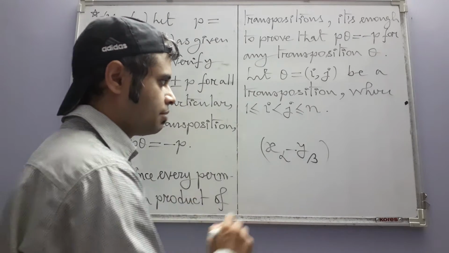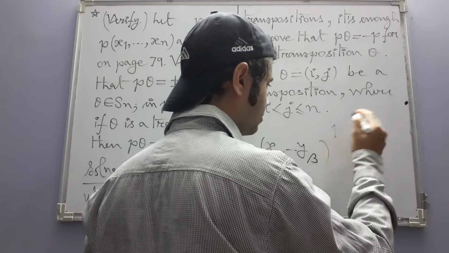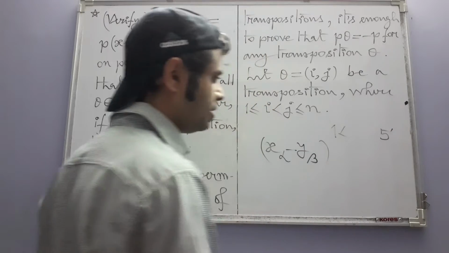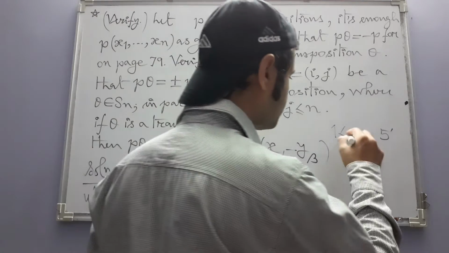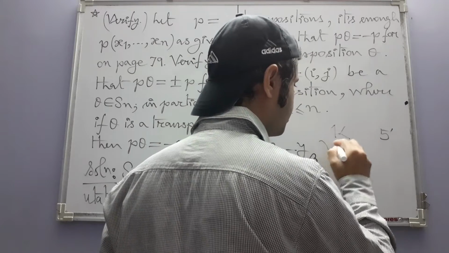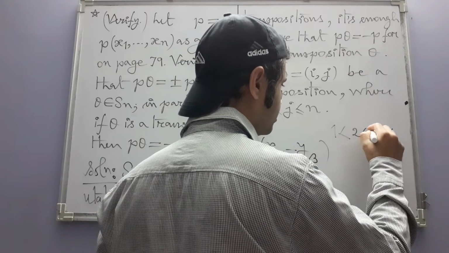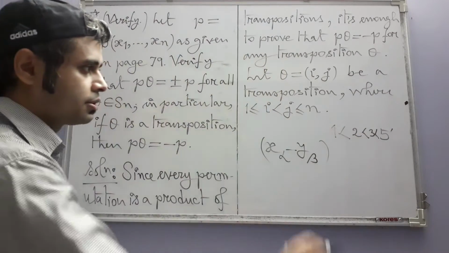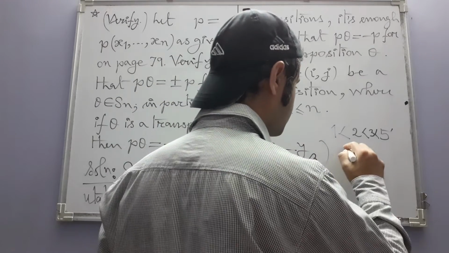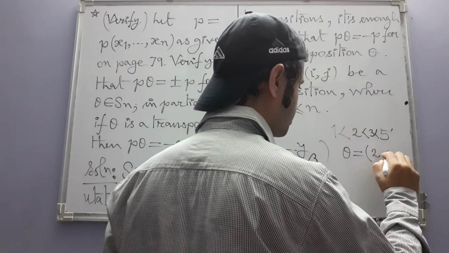For example, in the example that we considered in the text, there we had n equal to 5. So if we take i equal to 2 and j equal to 3, that means I am considering this transposition.